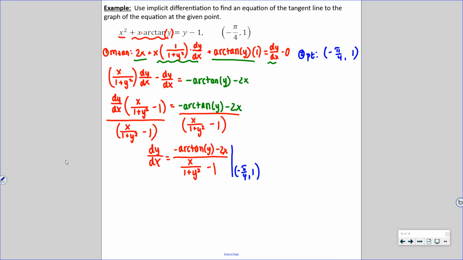You don't have to do that, but I'm going to do it right below here. Okay, so I have the opposite of the inverse tangent of y, which is 1, minus 2 times x, which is negative pi over 4, all over x, negative pi over 4, over 1 plus y squared. y is 1, minus 1.